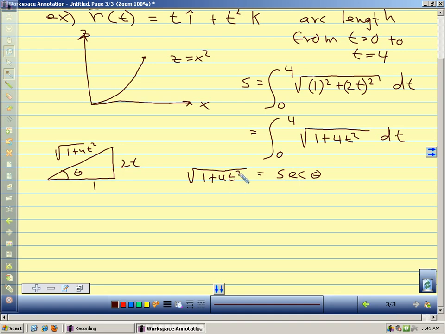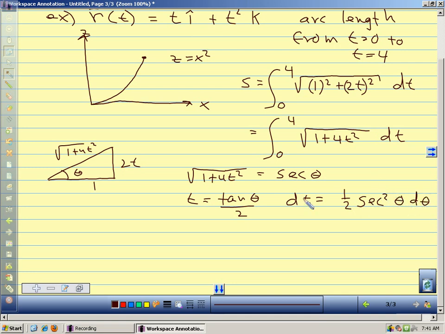And from our triangle, t equals tangent theta over 2, so dt comes out to be 1/2 secant squared theta d theta.